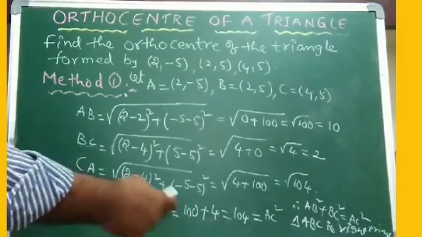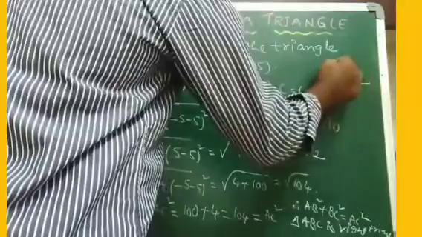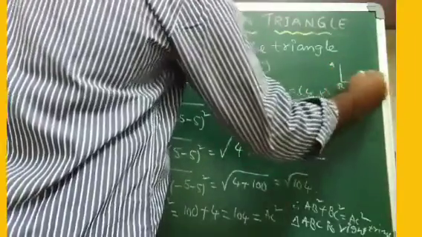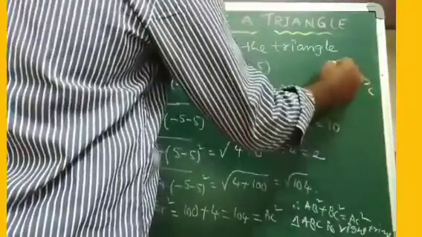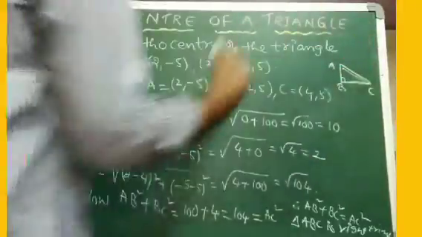Can you say where the right angle is? AB square plus BC square equals AC square.